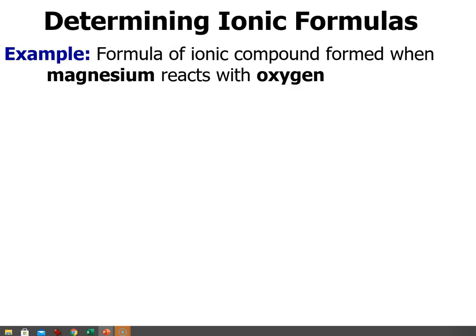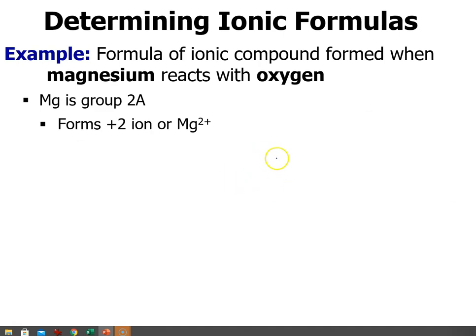And let's look at some examples here. Magnesium oxide. Magnesium is from group 2A, so if you're looking at your periodic table, it's in the second column. Those typically form +2 ions. The Mg +2, so that's one of the elements we're going to look at.